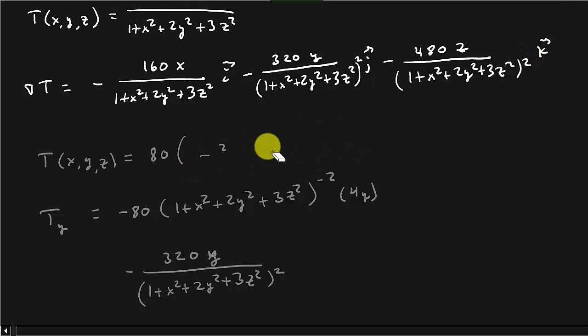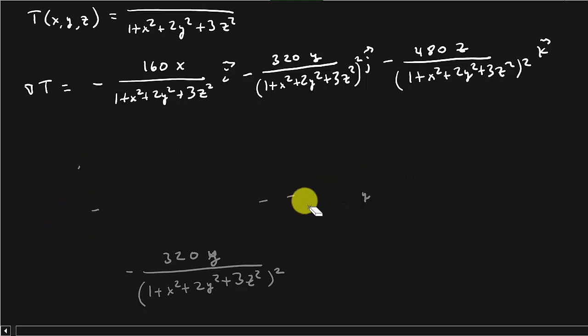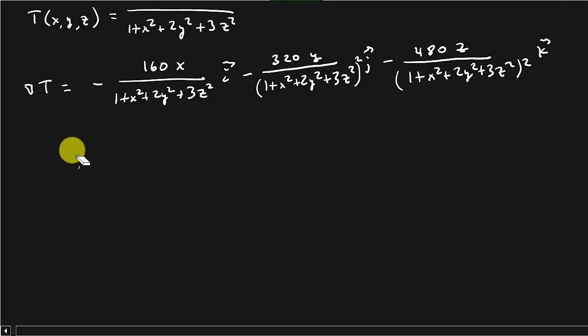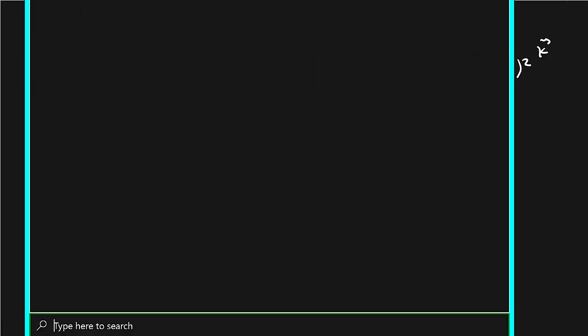Okay, so I'm going to erase this where I showed you how to find the partial with respect to x, and we also did it with respect to y. I didn't do the z. You should be able to do that.